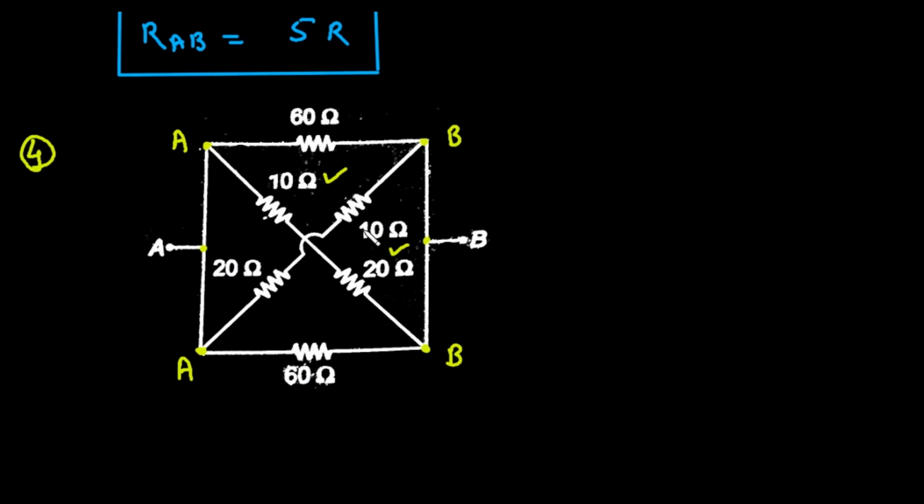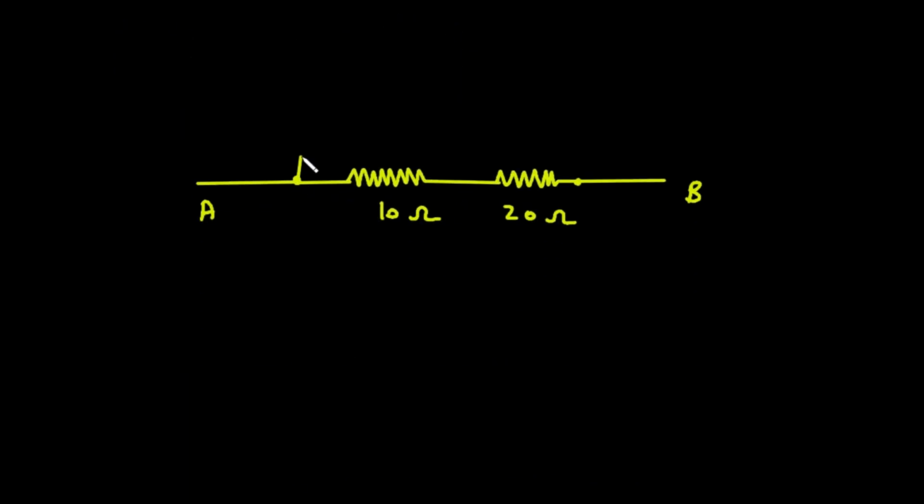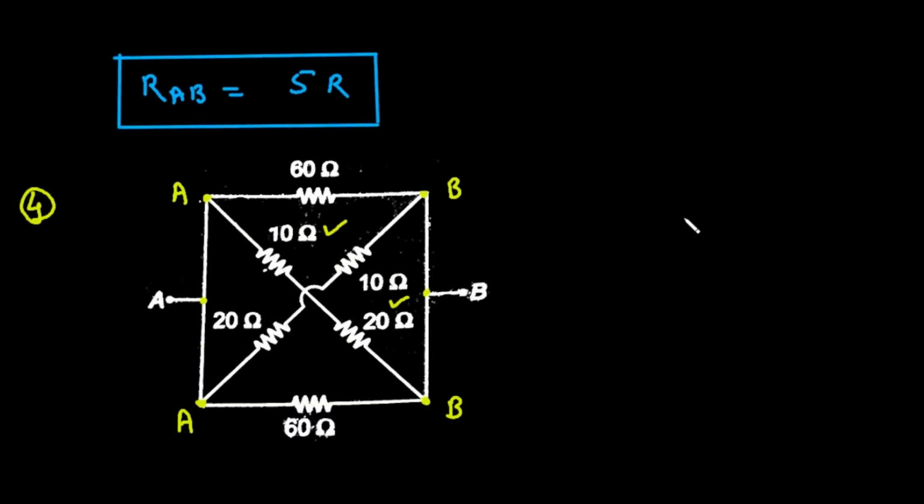So 20 ohm and 10 ohm, they are connected in series between terminal A and B. So again let's redraw resistance 20 ohm and 10 ohm. So this is 20 ohm and this is 10 ohm. They are connected in series between terminal A and B. So these two are also completed.